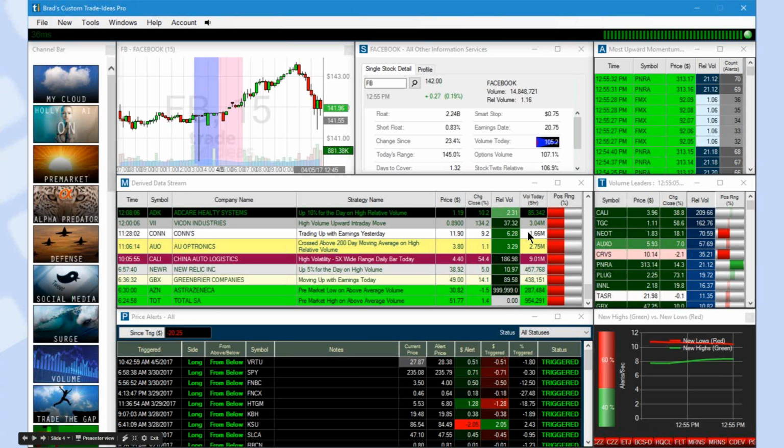So a stock like ADK that's trading 2.31 relative volume is really trading 231% of its normal volume at that point in time. So when this screenshot was taken, it's 2.3 times its normal volume, but VII is trading 37 times normal volume. CALI, which is a huge mover today, up and down, was trading 186.